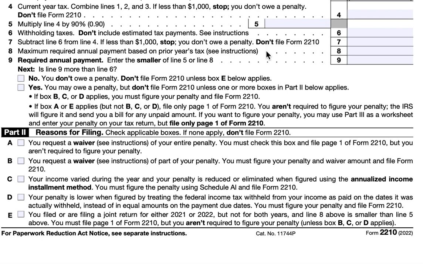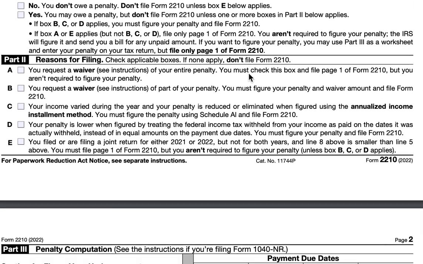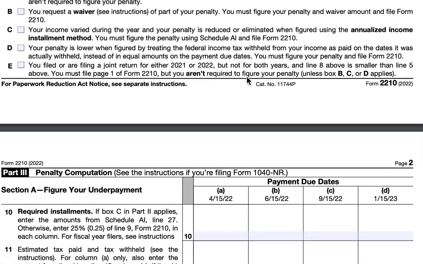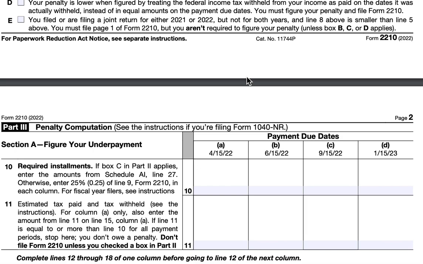So to recap, you might have to submit page 1 in situations where you are requesting an entire waiver of your penalty, or if box E applies. You don't have to calculate your penalty. You simply request the waiver and send the form in. But if you have to calculate your penalty, then that's what part 3 is for.